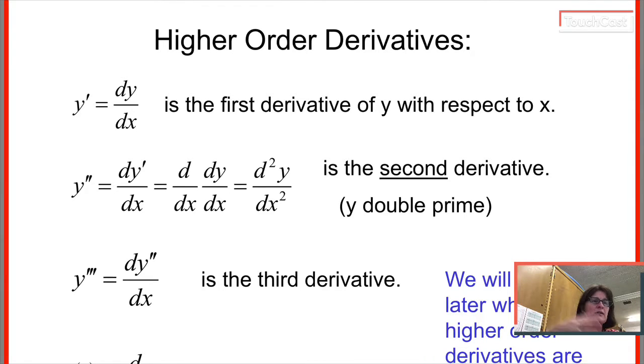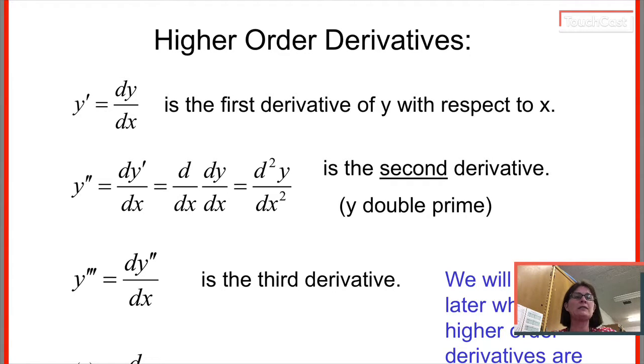Your handout has all the different notations you might use. If y prime is the derivative of y with respect to x, we sometimes say it's the first derivative of y with respect to x. We could take the derivative of y prime and get what we call y double prime, or d squared y dx squared. Now we say squared, but it's not like there's any squaring, not in the sense that you're going to take something and multiply it by itself.